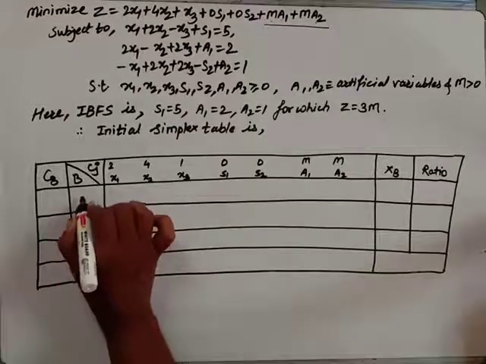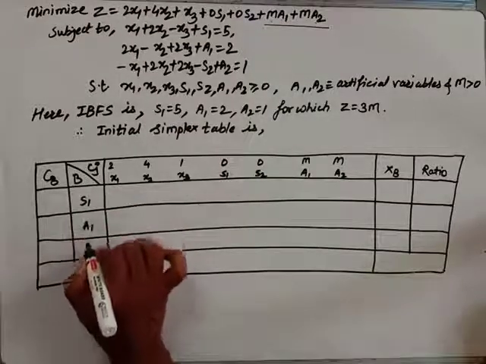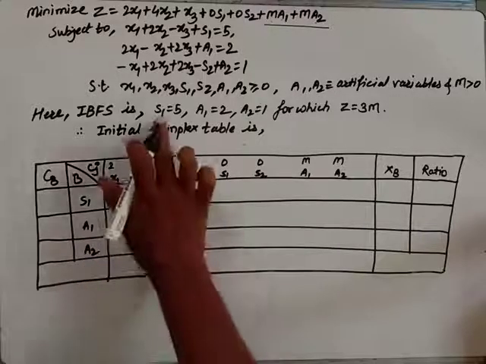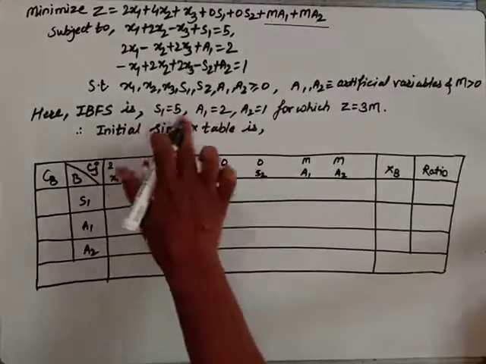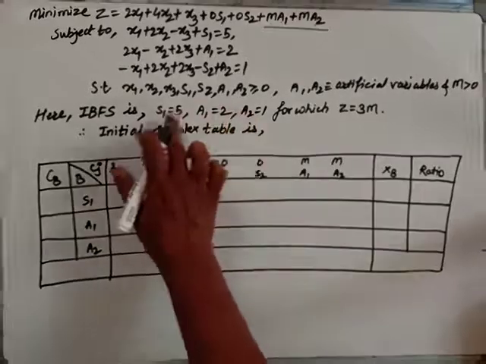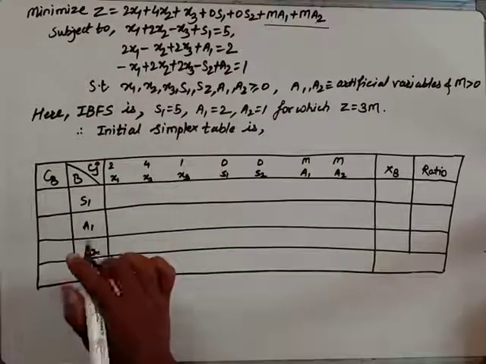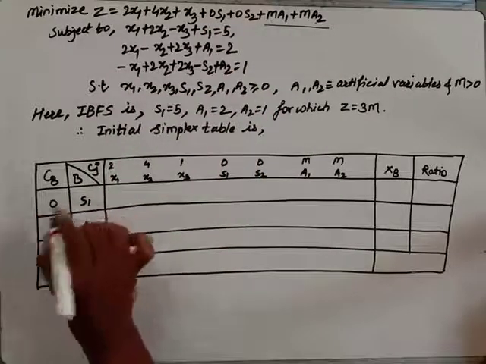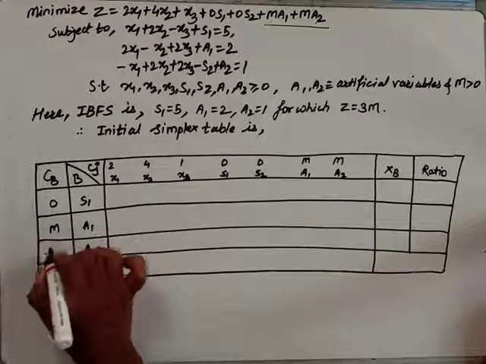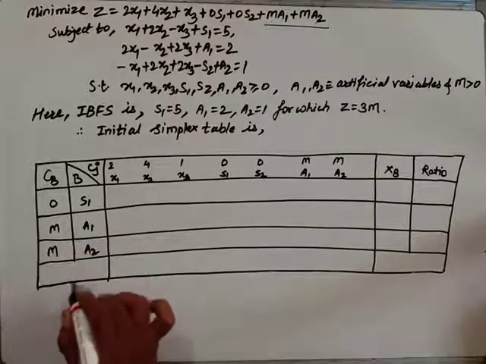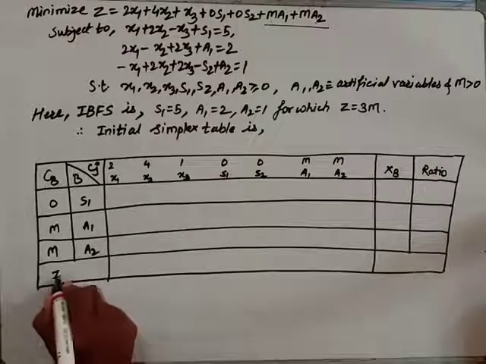Now here S1, A1 and A2, whatever we are getting in the initial basic solution, these are in our basis. Now S1 has a coefficient 0 in the objective function, A1 has a coefficient M, A2 also has a coefficient M.